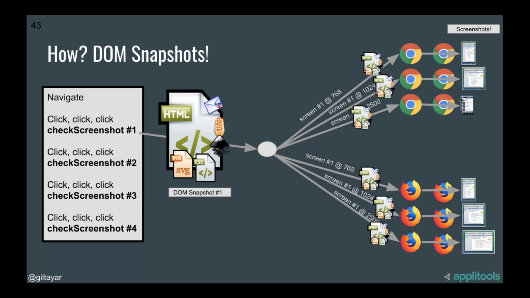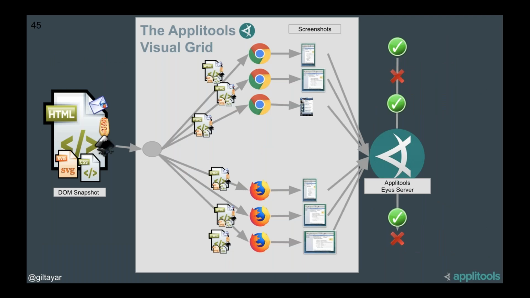We take the CSSs and the SVGs and the images and all the resources and assets that the page uses at that specific time, and we upload them and inject them to the various browsers with various widths, and then take the screenshots. And the answer is it's possible and it's doable, and it is exactly what the Applitools Visual Grid does.